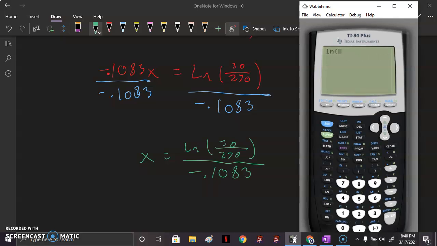And what we get on the calculator, let's do the math. Now on your calculator, like I said, you go to the ln button, you press it, ln 30 over 270, and we get this number, but remember we have to divide by negative 0.1083, and what we get is 20.288, but we're going to round this up.